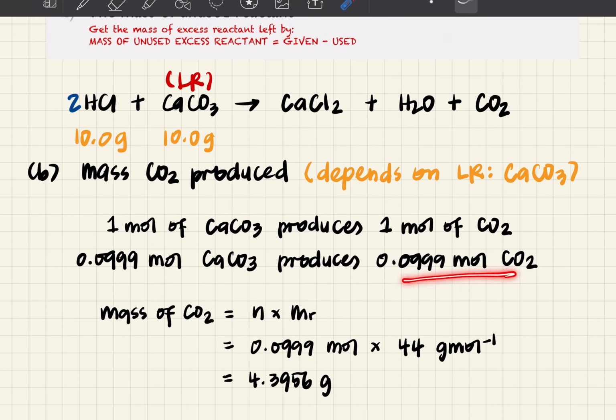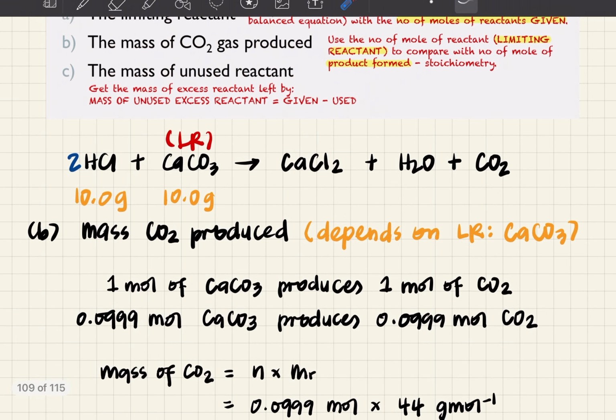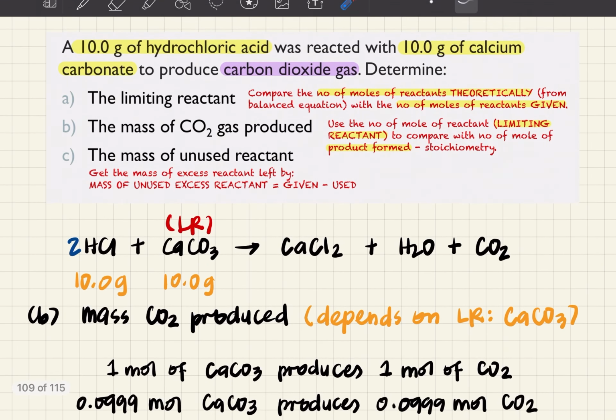You will convert the number of mole into mass. Okay, so just use this formula and you will get the mass of carbon dioxide. Yay!